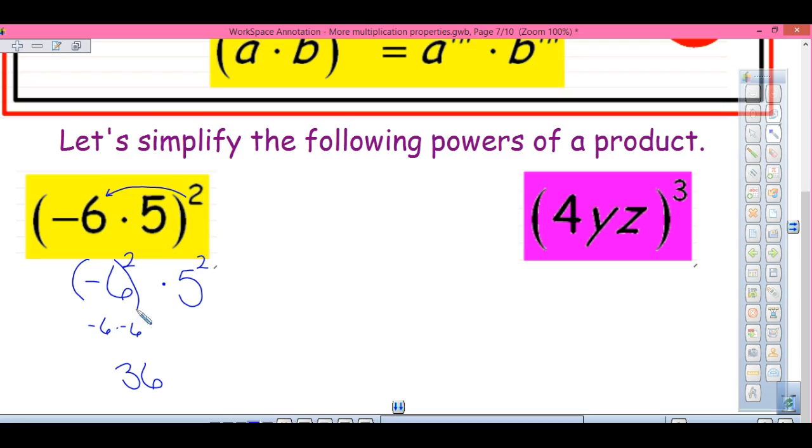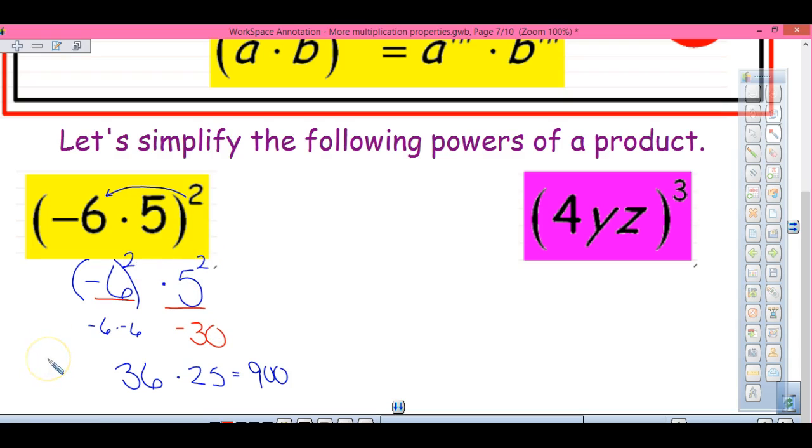I see what you're talking about here. Let's see if we get the same answer. So 36 times what's 5 squared? 25 equals 900. Christian said, let's try what we did yesterday. Let's multiply our coefficients, and we get negative 30.